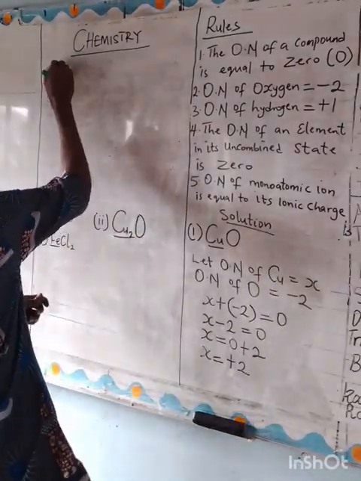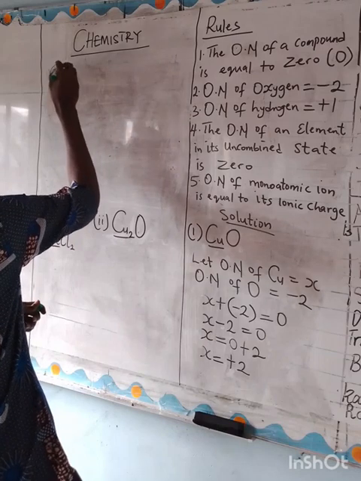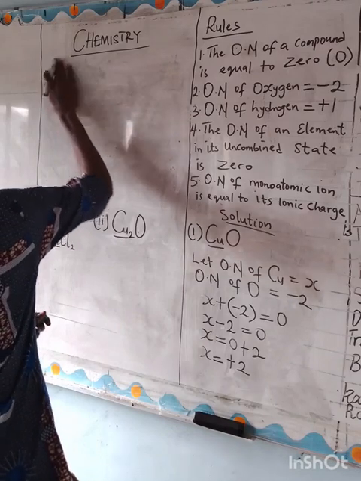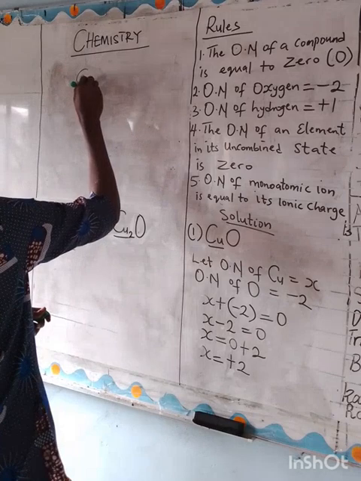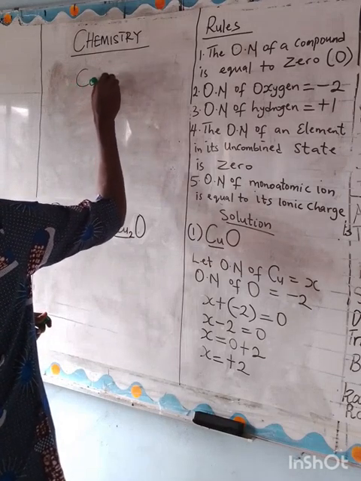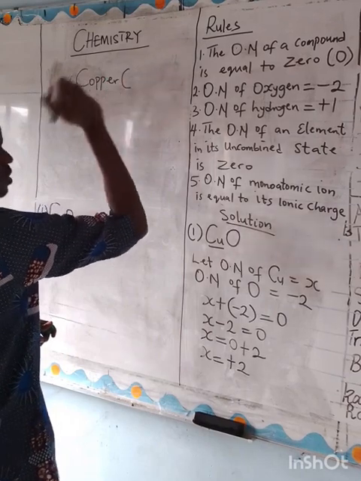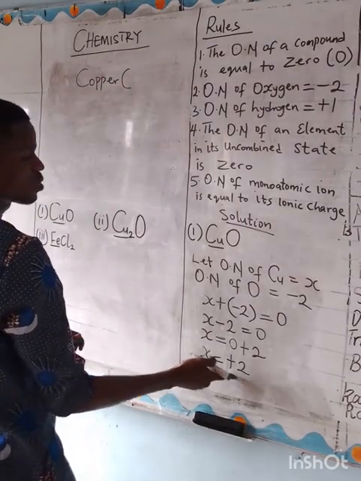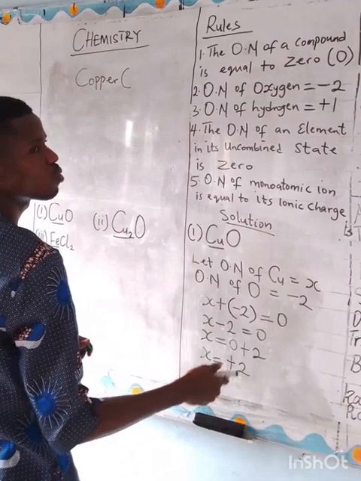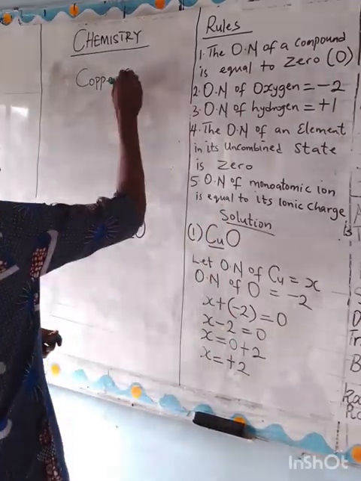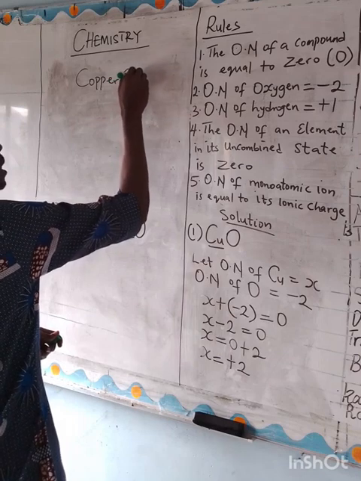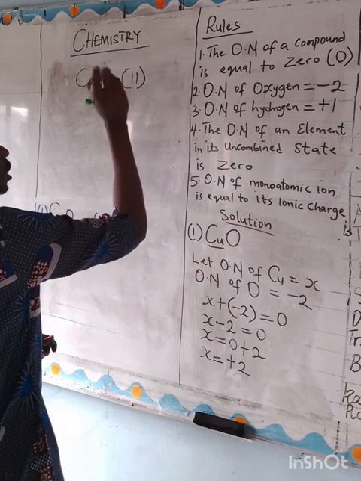So how do you name? Just say copper, the first element, then you open a parenthesis. Then you write the oxidation number using the Roman numeral format. Remember, it's II for 2, okay?